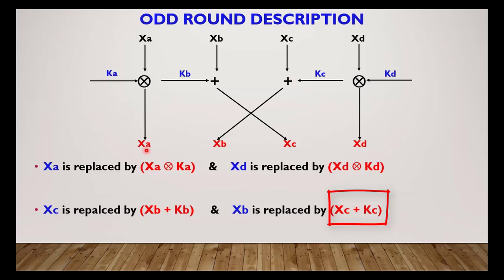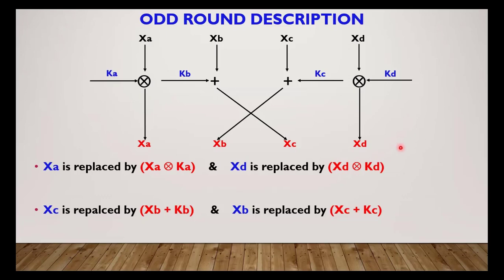Okay, and this XA, XB, XC, and XD that is shown in the red color, they are basically the new XA, XB, XC, XD, and you can say that these are the intermediate ciphertexts that you will apply as an input to the next round, that is the even round. Fine. The odd round is reversible in the sense that when we have to take the decryption process of this encryption process, what we do is we take the multiplicative inverse of the keys, and then we take the mod with 2 raised to the power 16 plus 1.